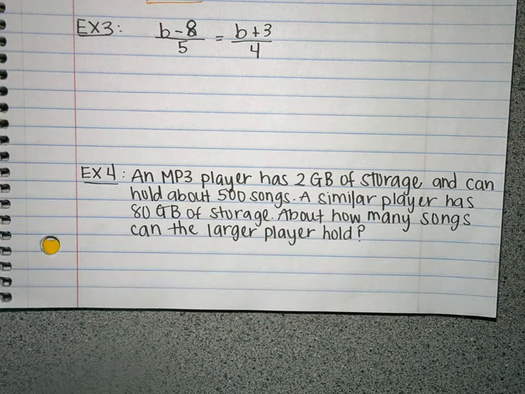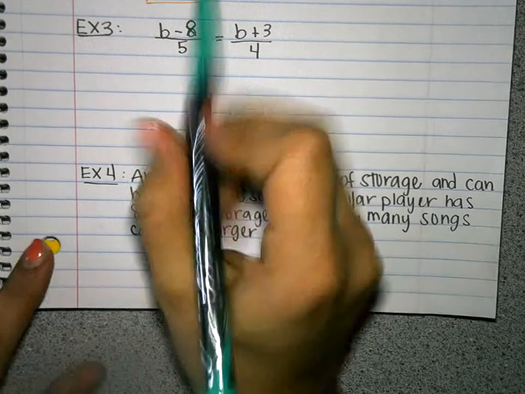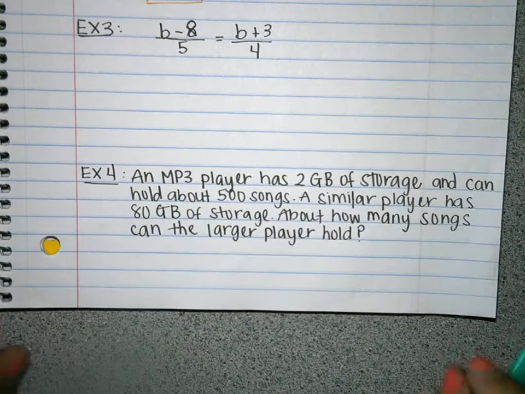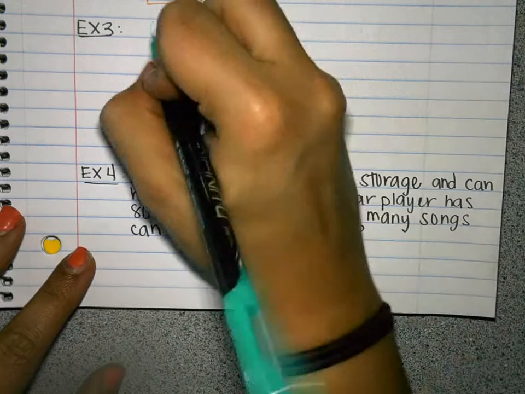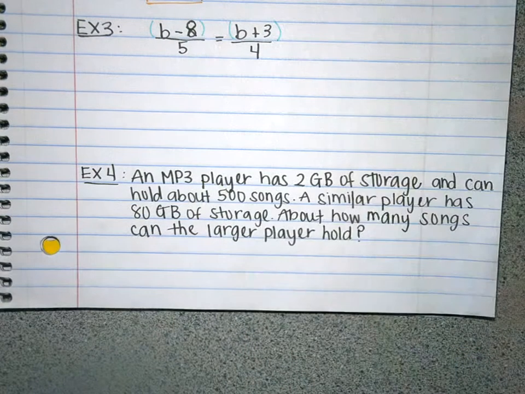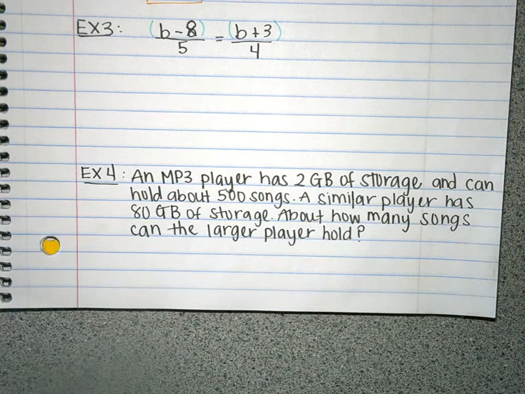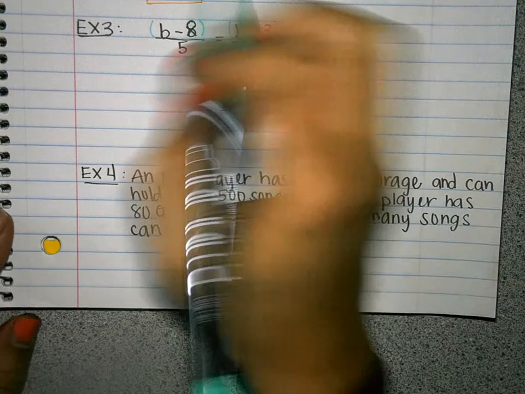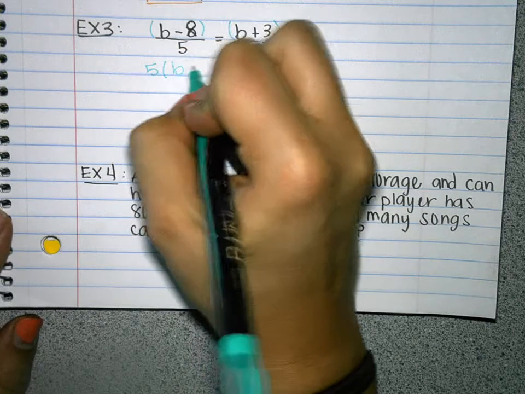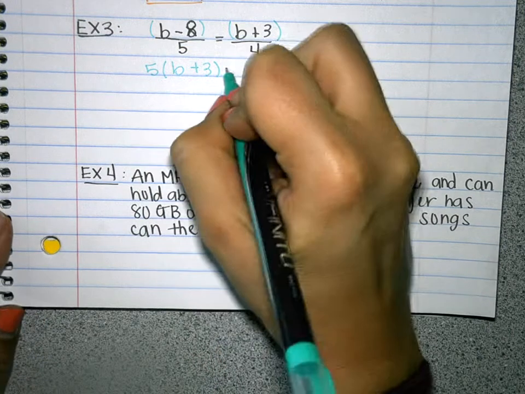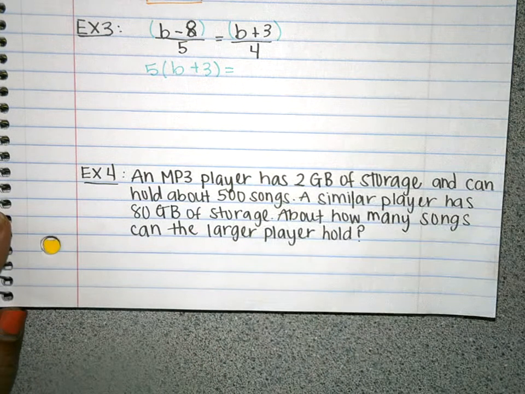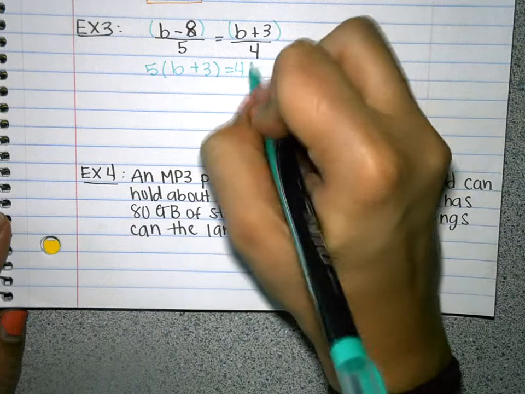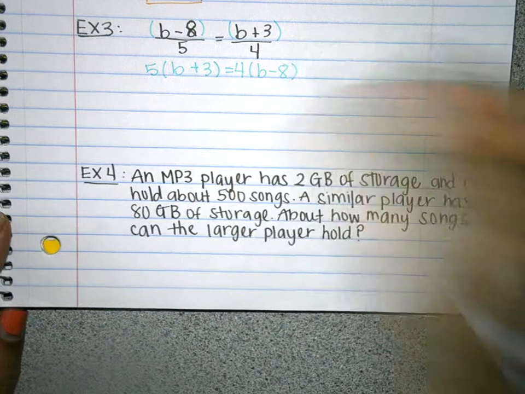I'm still going to use the cross products property, but the first thing I want you guys to notice is that we have more than one thing in the numerators. So I want you to put parentheses around both of those so that we can keep them together when we're multiplying. And then we'll just do the cross product. So that's going to be 5 times (b plus 3). And the cross product property says that that is equal to 4 times (b minus 8).